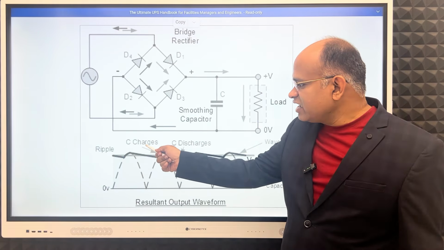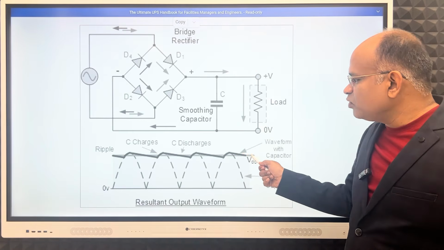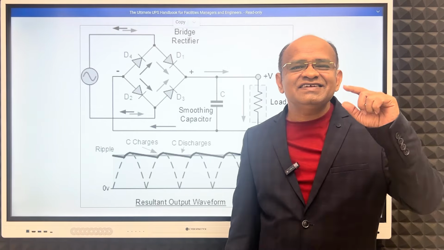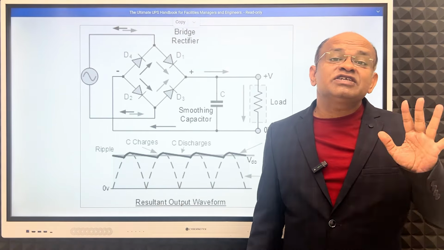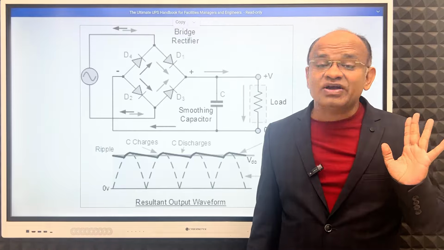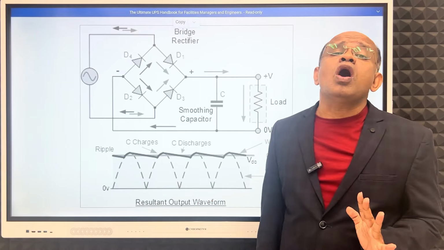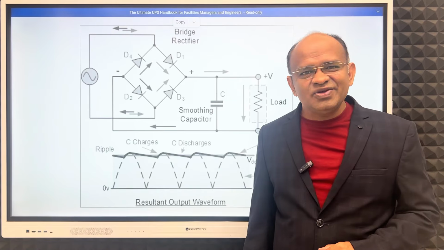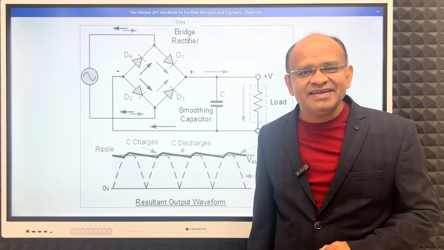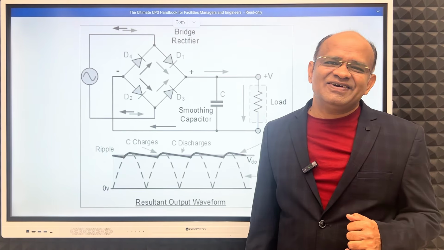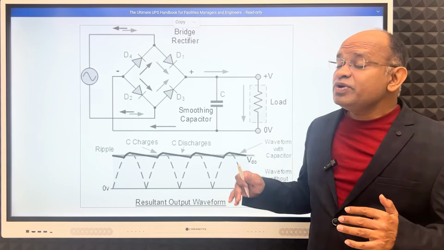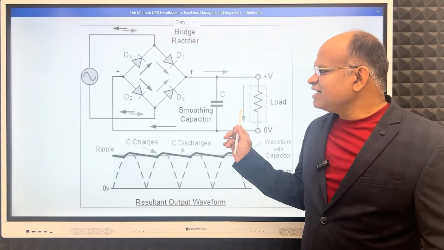So on this bold line we are getting the output. It is pulsating, but it is somewhat stable DC power. If you want it more stable, what will you do? Tell me. You will again use another capacitor. So you will use a bigger filter. This is a single capacitor filter.